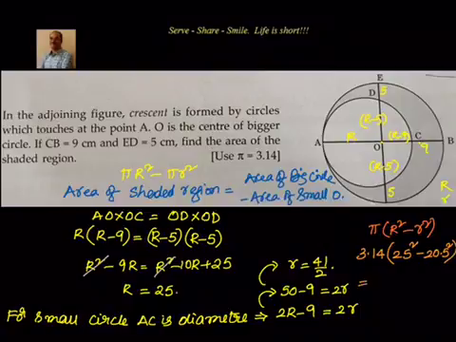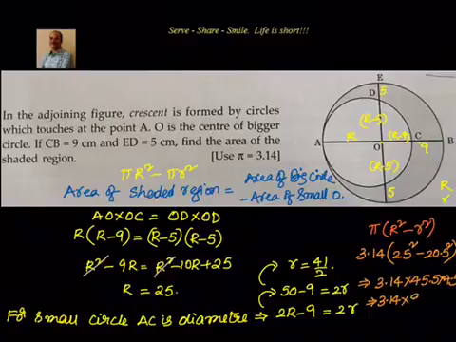So can I simplify that and write down 3.14 into 25 plus 20.5, that is 45.5, into 25 minus 20.5, that is 4.5, which is equal to 3.14 into 91 divided by 2 into 9 divided by 2. So we can simplify that to 642.915 approximately.